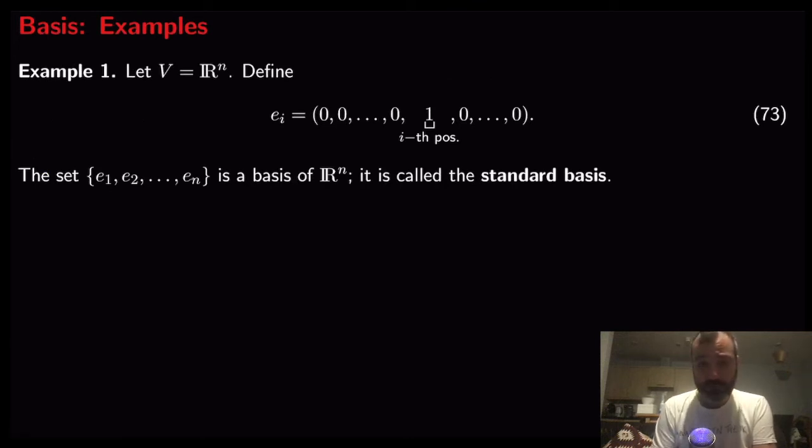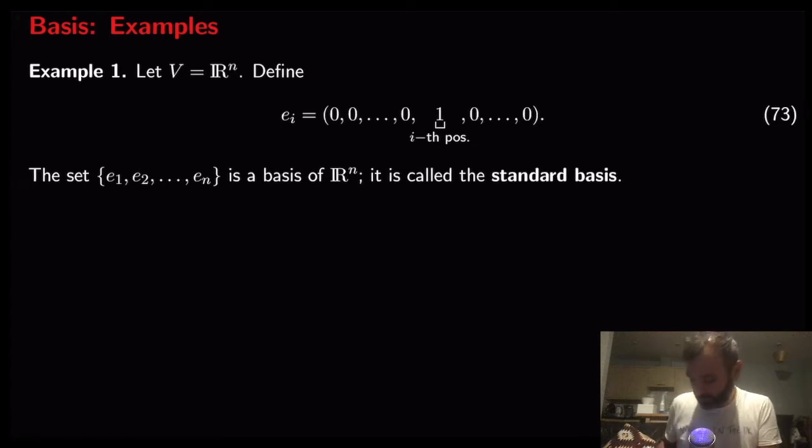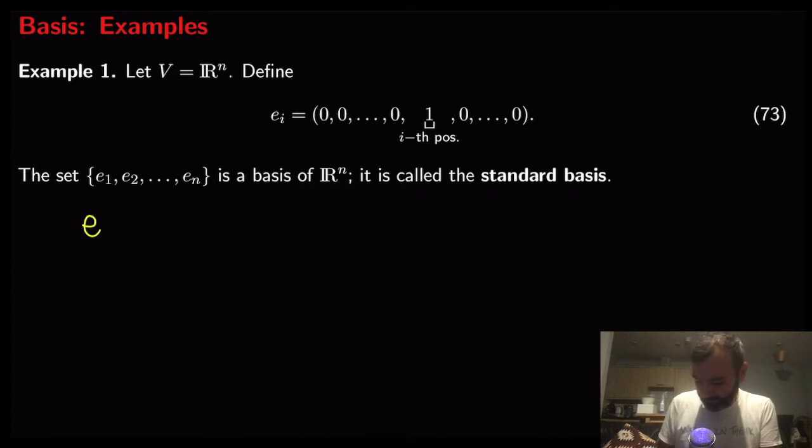So an example, take our favorite vector space, which is Rn, and take these vectors. I'm not sure whether this makes much sense to you, so let me write it in a very nice and clear way.